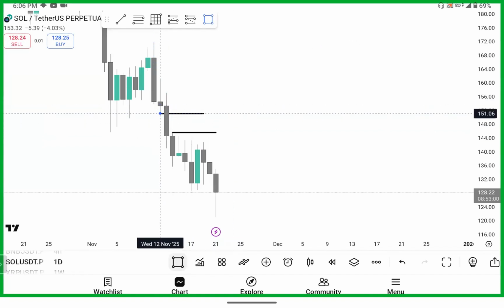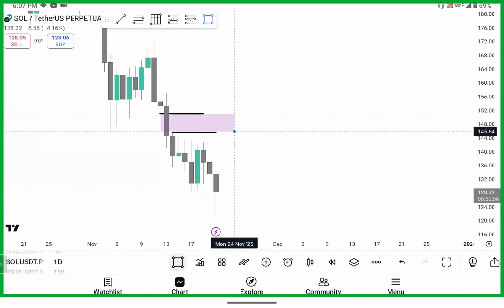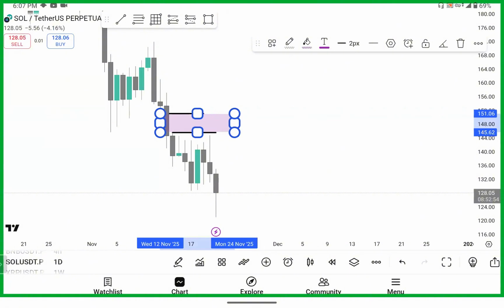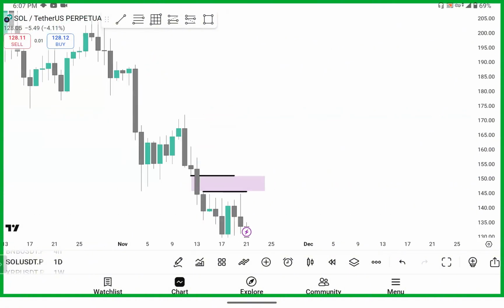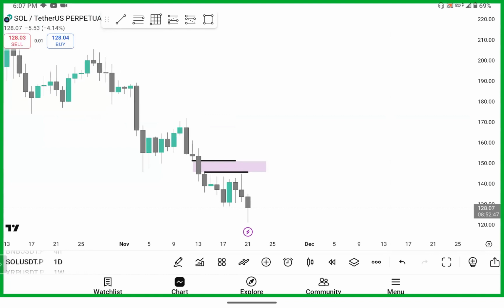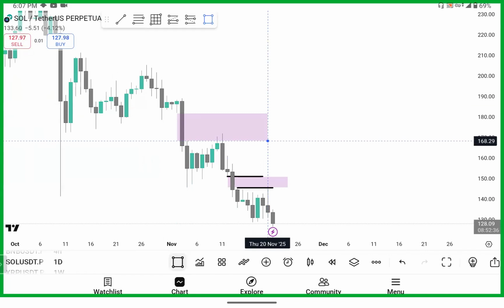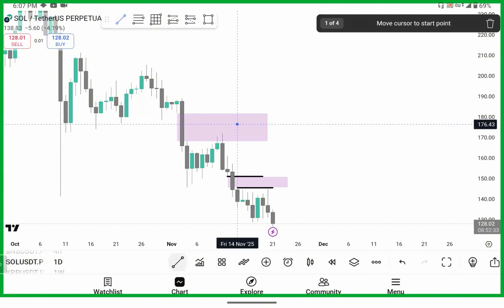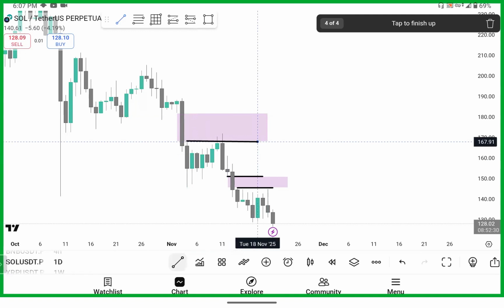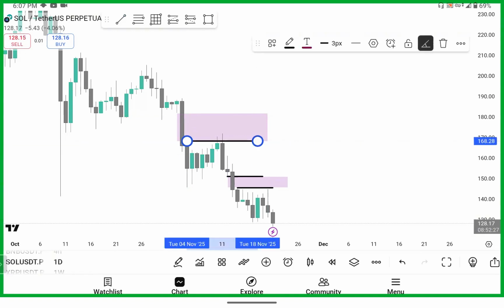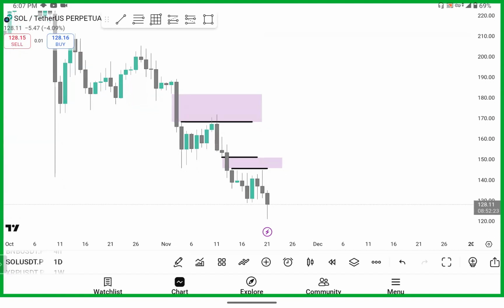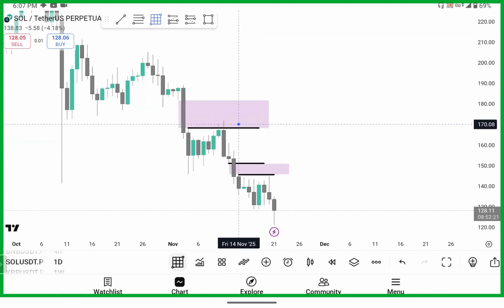You see how price, for example, when I bring my premium and discount from this swing point, this is a swing point, to this, when I bring it from this swing low to this, hope you see here this swing point and this one. You see how price moved? Immediately price came to the discount level here. It had to tap back in the premium, then it sold off. You get? So that's how price is moving.